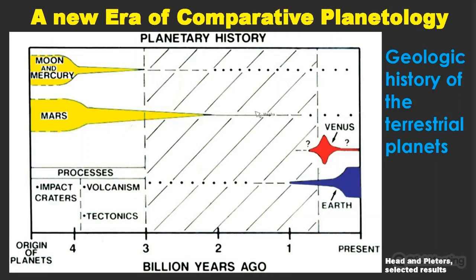Then, very surprisingly, before space missions to Venus, our understanding was that Venus is a twin planet of Earth. But with space missions, we could understand that a recent resurfacing event happened in the case of Venus, because we do not have any evidence of early Venus evolution on the surface.